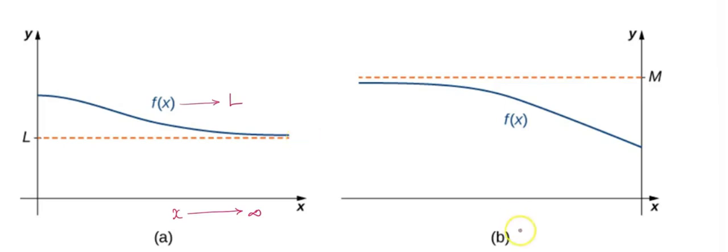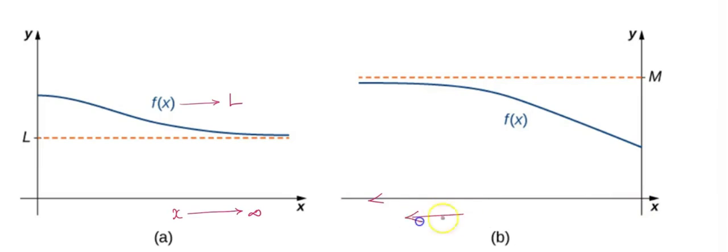And likewise, if you looked at graph B, the function f of x is happening here. And as we can see, the graph is trailing very close to this horizontal dashed line that's passing through M. If you investigate once again, the x values are decreasing in this direction, right?